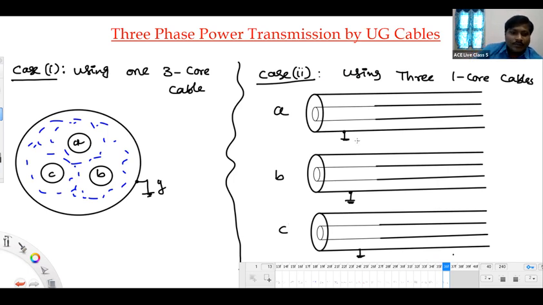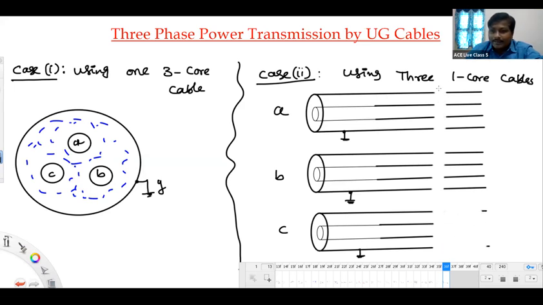Using three single-core cables is one technique, and the other technique is using one three-core cable. In this case, you don't get any mutual interaction from one conductor to another, because each and every one is a separate system. Each sheath is separately grounded, so you don't get any interaction from one cable to the other.